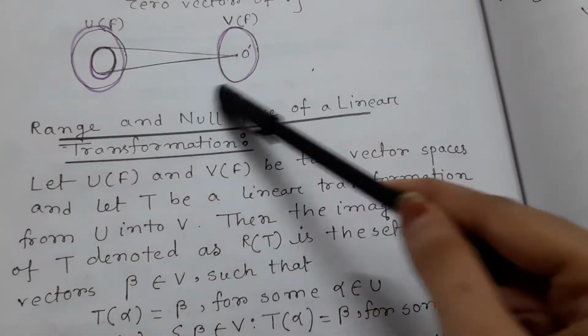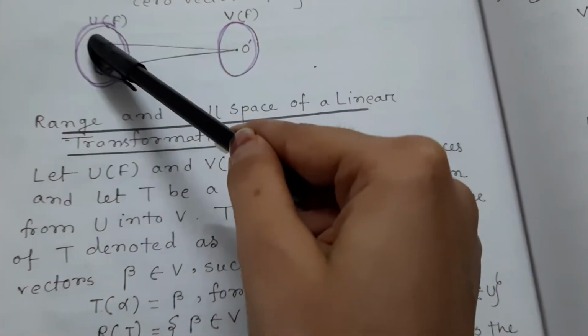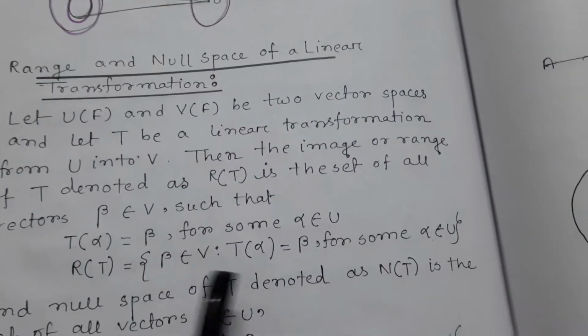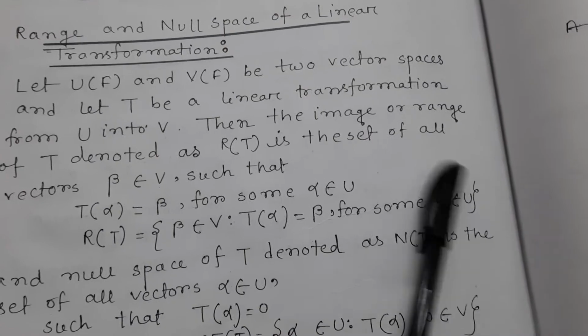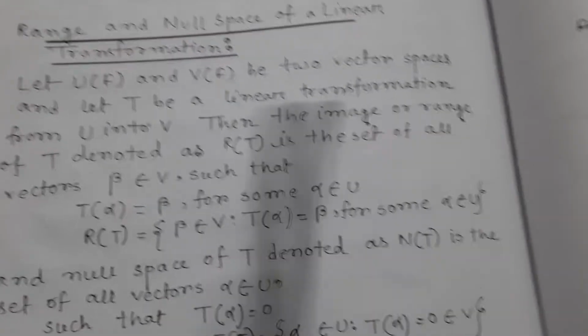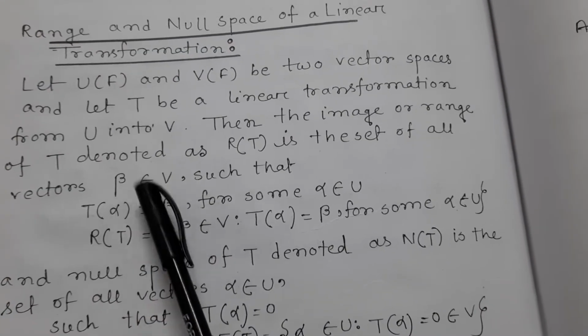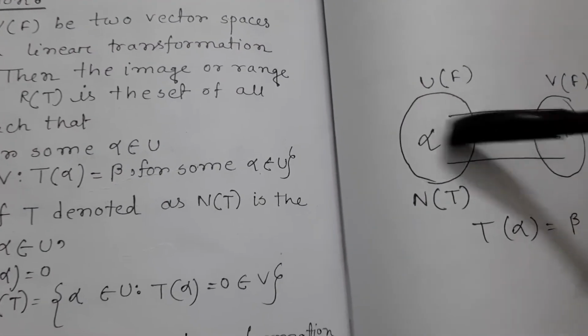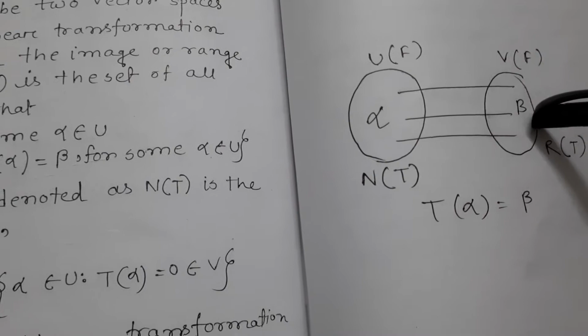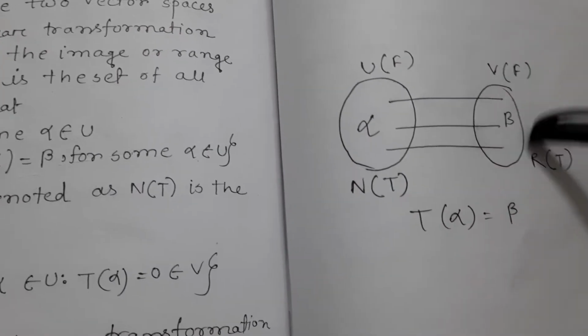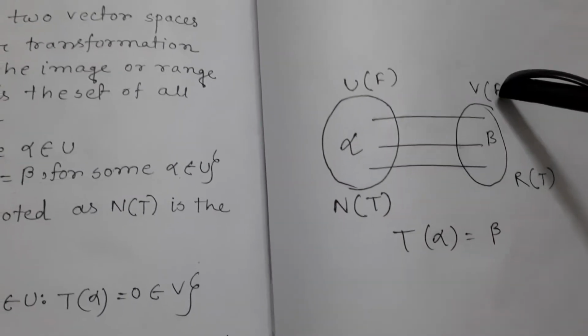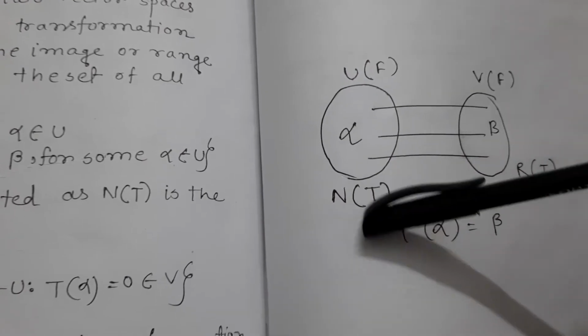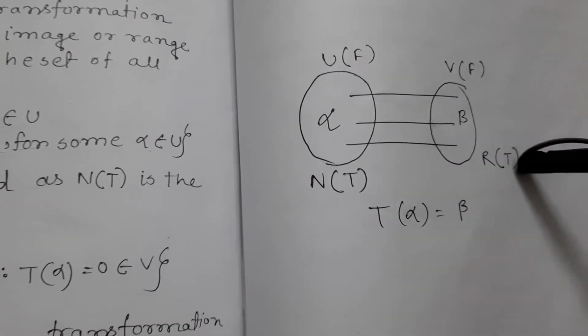This one is R of T and this one is the null space. This one is the null space and this one is the range space. Actually here the elements are called alpha, and here the elements are beta. This is our null space, this is our range space. This is defined as N(T), this is defined as R(T).